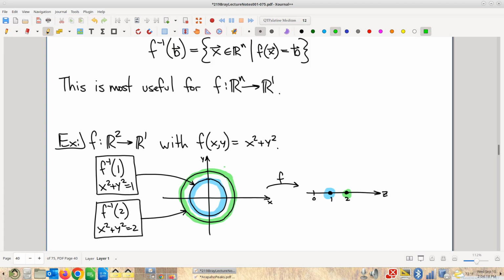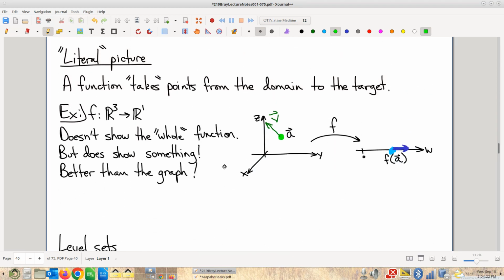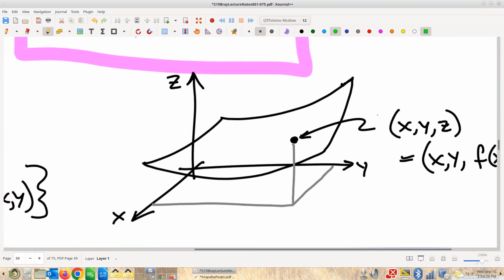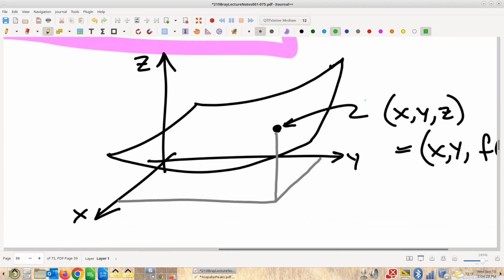It's pretty disappointing, right? Now, to be fair, come back to the picture we drew of a graph here. It's tempting to say, well, yeah, that's the graph, and that's got all of the information about the function. But what have I actually drawn? I've actually drawn very little, right?